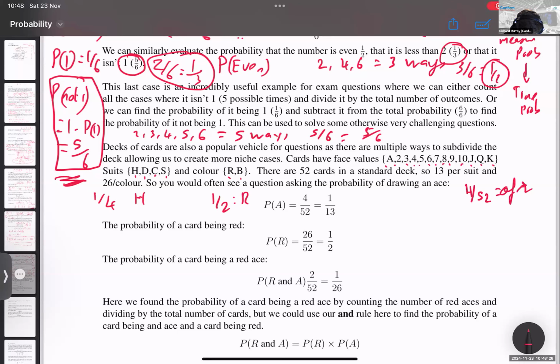So there's the 2 of hearts, 2 of spades, 2 of clubs, 2 of diamonds. So this is 4 ways. 4 over 52, and again, you could simplify that down.